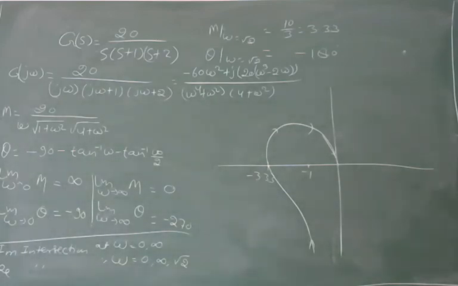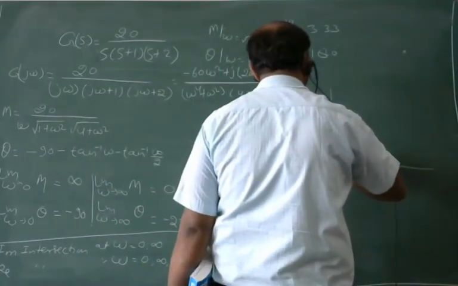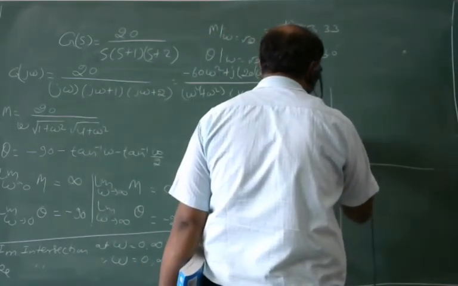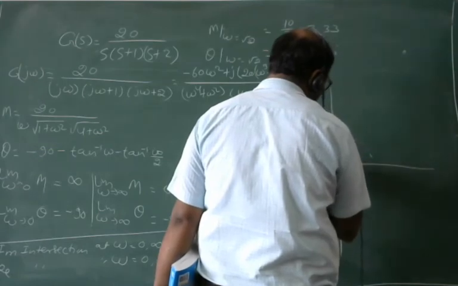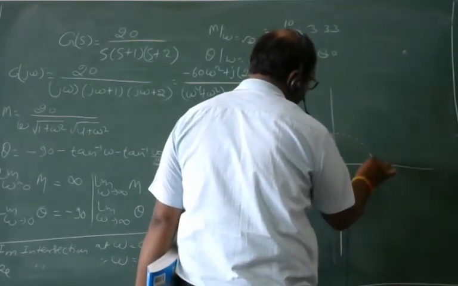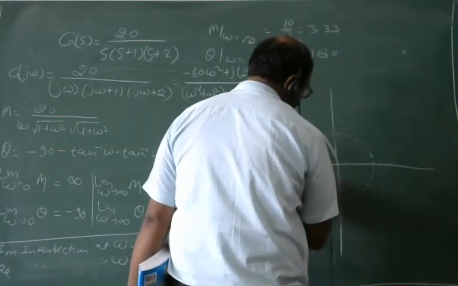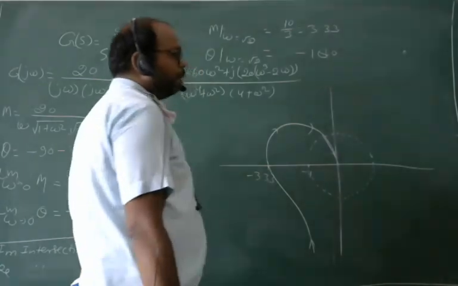And how can I find the gain margin, phase margin, and stability of this system? For this, let us draw a unit circle.